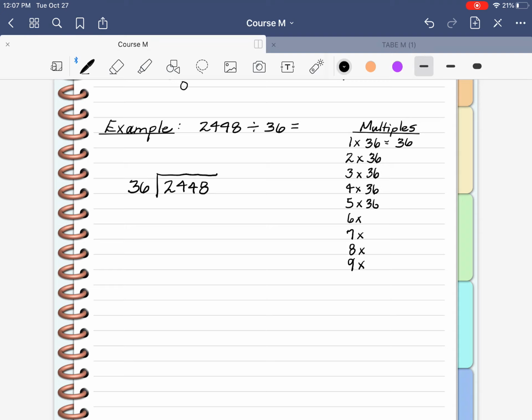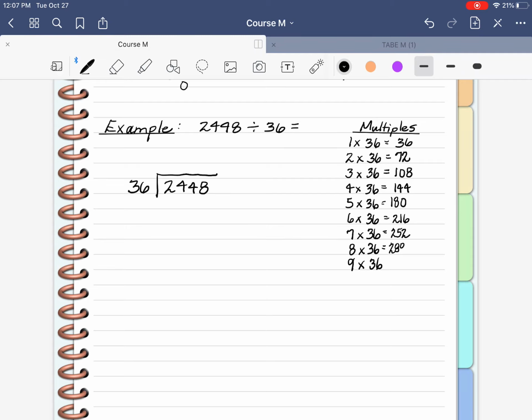So we are listing the iterations or the multiples of 36, and I promise I'm not going to draw the x's. 2 times 36 is 72. 3 times 36 is 108. 4 times 36 is 144. 5 times 36 is 180. 6 times 36 is 216. 7 times 36 is 252. 8 times 36 is 288.